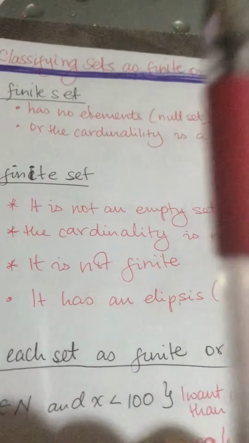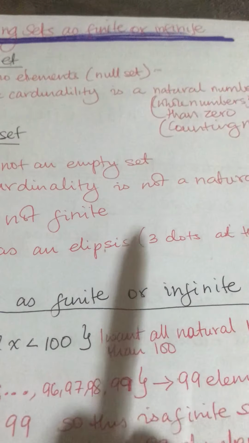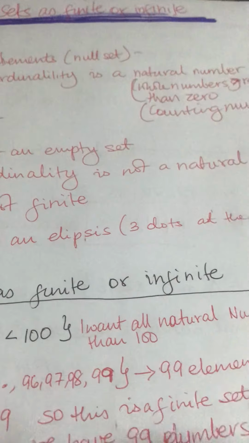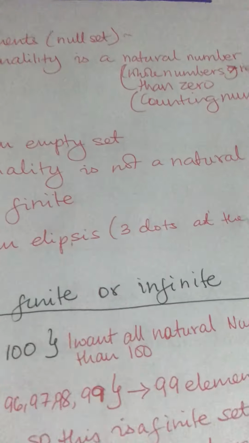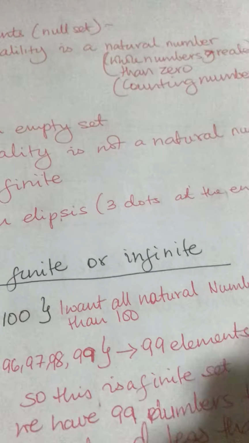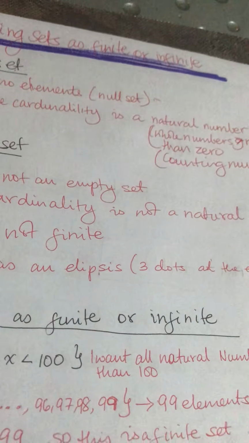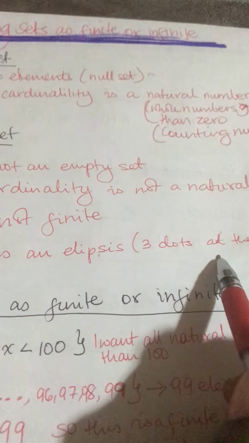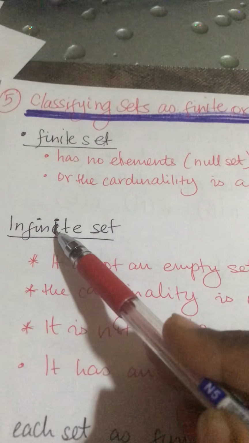Also, for you to know a set is infinite, you will see the 3 dots, the ellipses. If you see the 3 dots, this is definitely infinite. It is definitely not finite. So when you see the 3 dots, you are not finite, you are infinite.